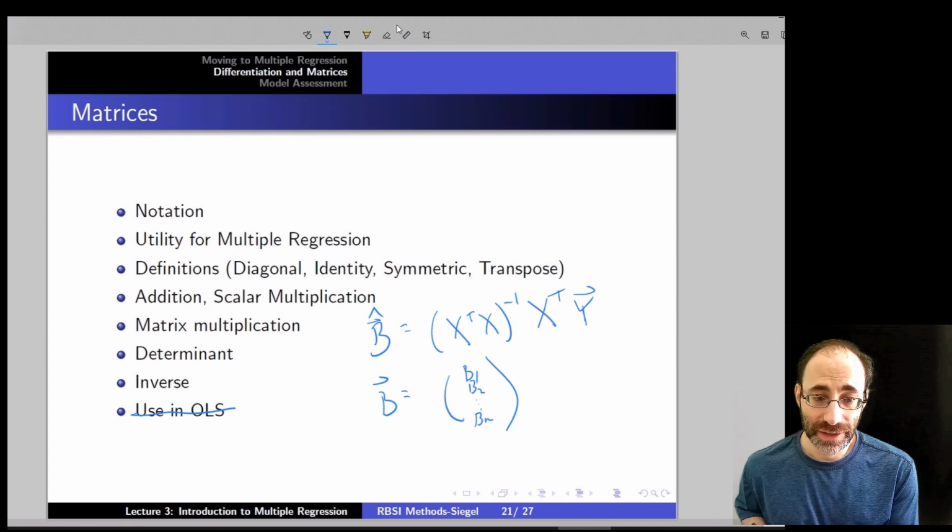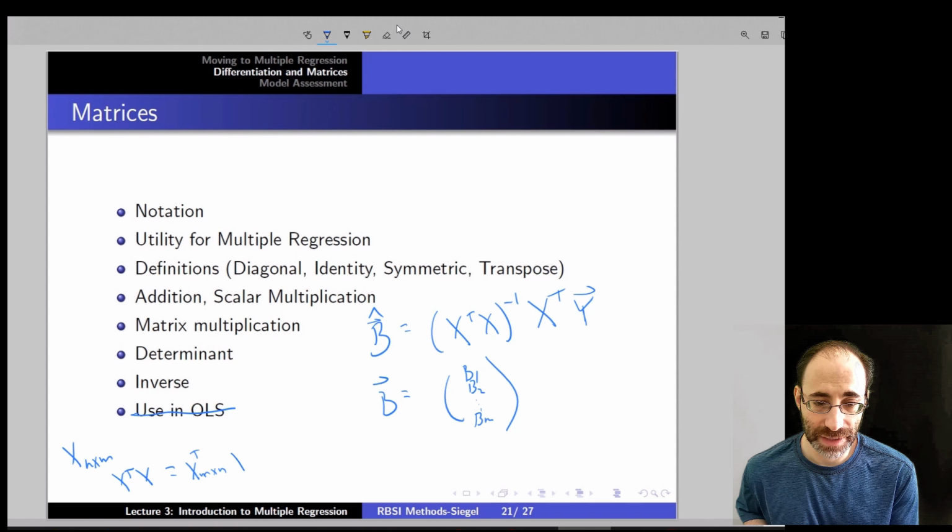And to show that it works out correctly, if X is an n by m matrix, then X transpose X is going to be X transpose, m times n, times X, n by m. That equals a matrix that is m by m, so it's the size now of the number of parameters you have.